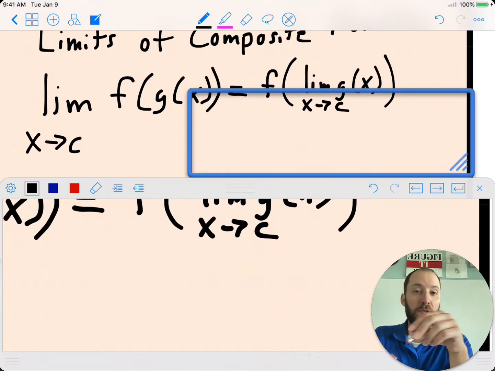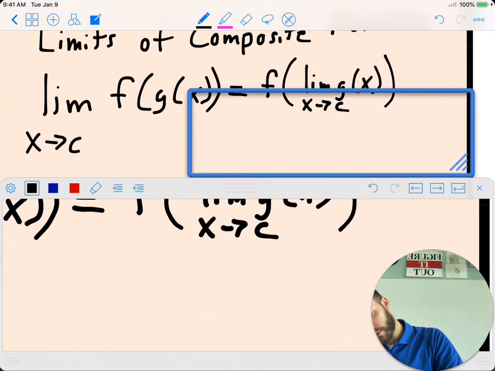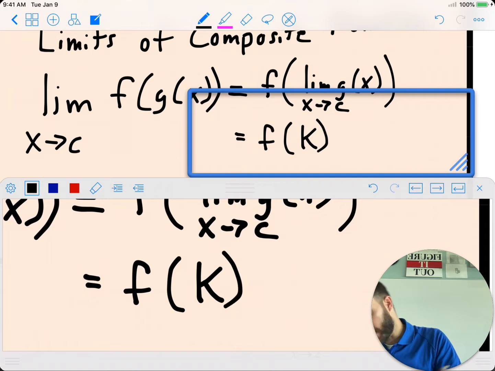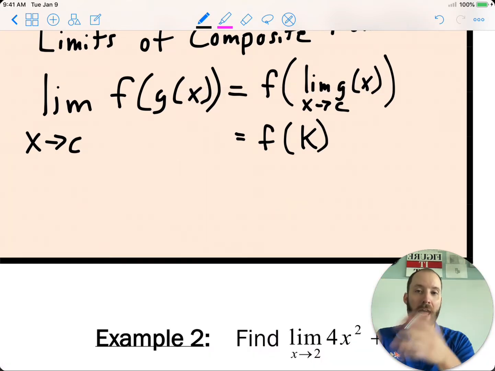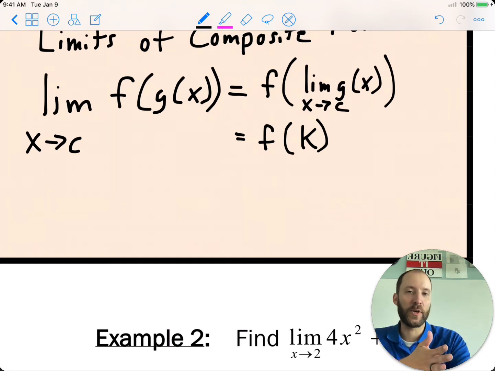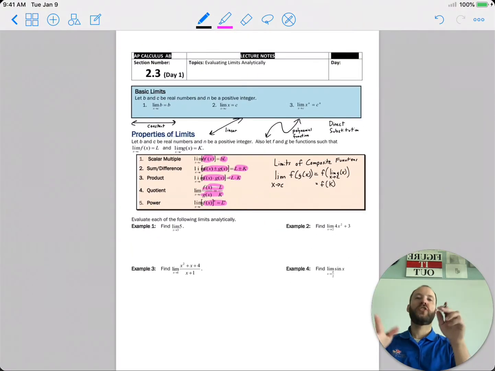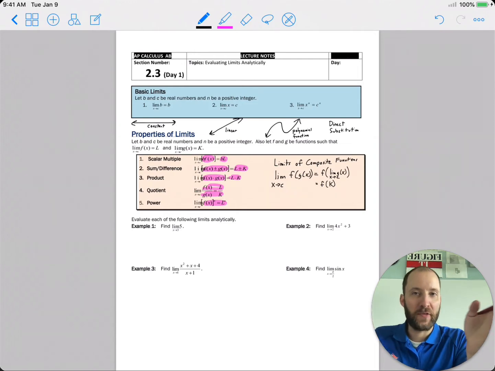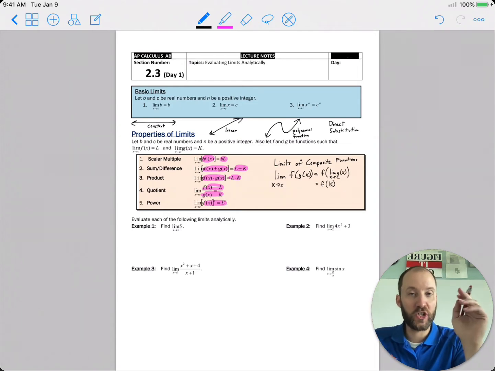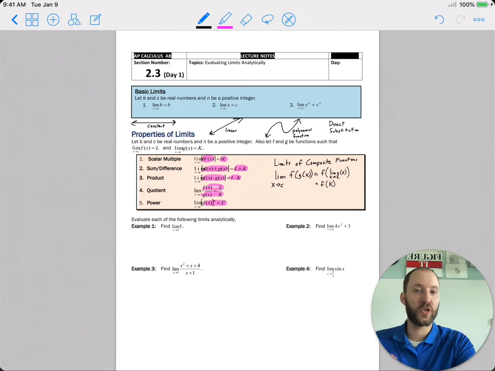Now the limit of g of x is k. So then you'll have f of k. And then you evaluate that, f at the limit of g, k. So for all well-behaved functions, you can just do direct substitution.